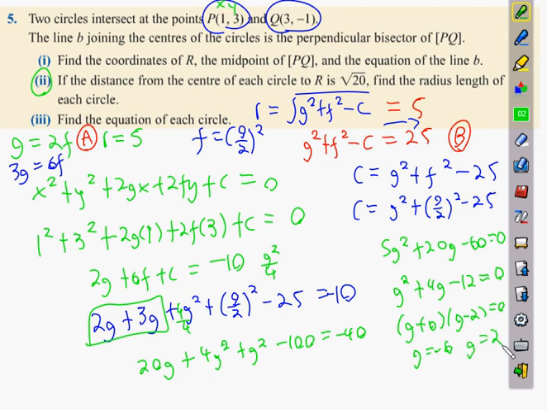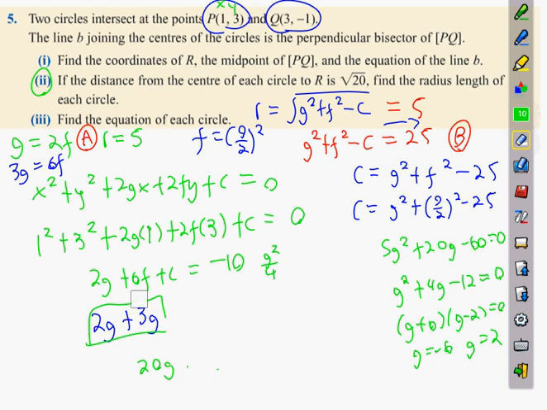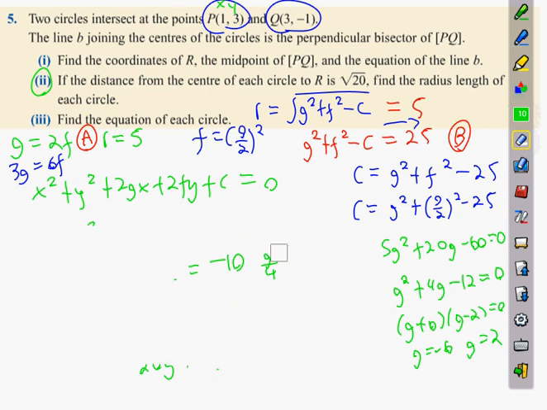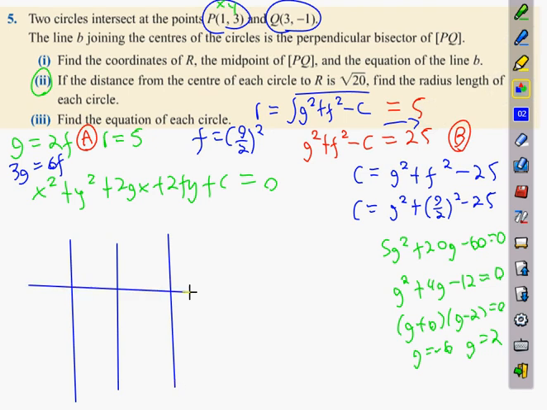Once again, like last time, we're going to try and make a little table of results. So, our table of results will revolve around g, f, and c.